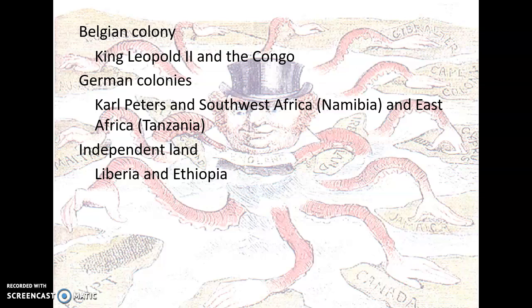By 1914, only these two countries remained independent of European control. Liberia had been established as a slave-free country by the U.S. for returning slaves. Ethiopia was invaded by Italy, but because of tough terrain and Italian problems, Ethiopia was able to resist and remain independent. That's all the notes that we're going to cover for today.